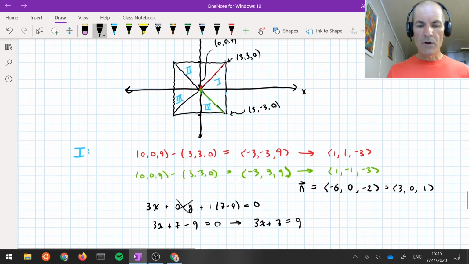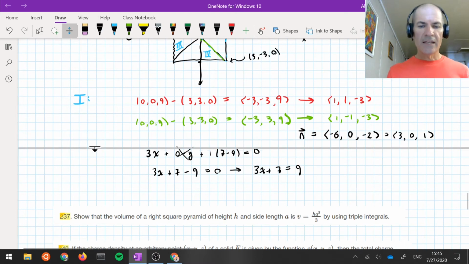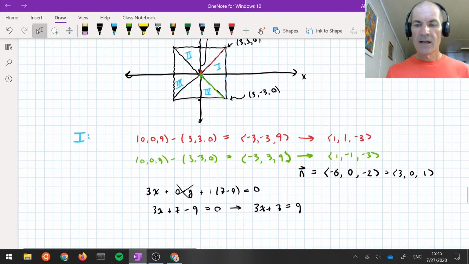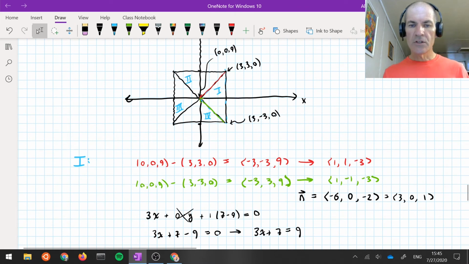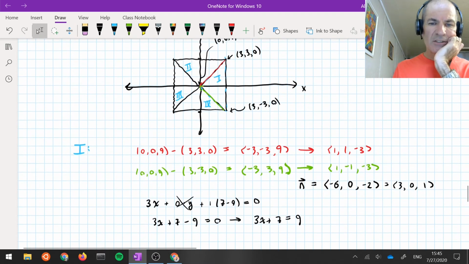Now, do we have to do all of this work to find the other 3 faces? The answer is no. On the other hand, if you want to do that, you can certainly try to figure that out. What I'm going to do now is try to figure out what I can do. I know that the remaining 3 planes are going to look something like this, probably with a sign change.